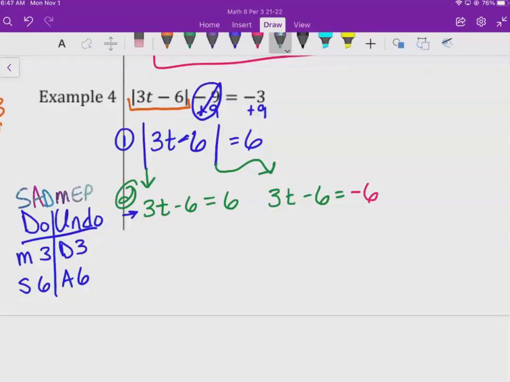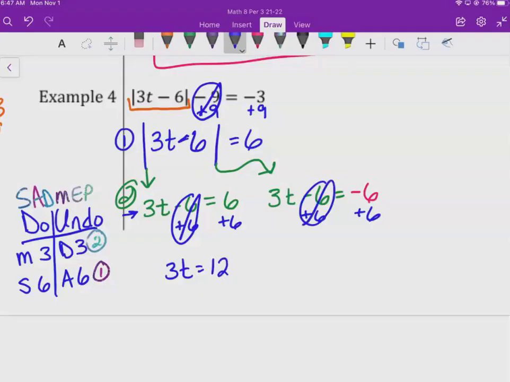It says this guy goes first, this guy goes second. So add 6, add 6, add 6, add 6. So 3t equals 12, and 3t equals 0. Do not freak out that there's a 0.